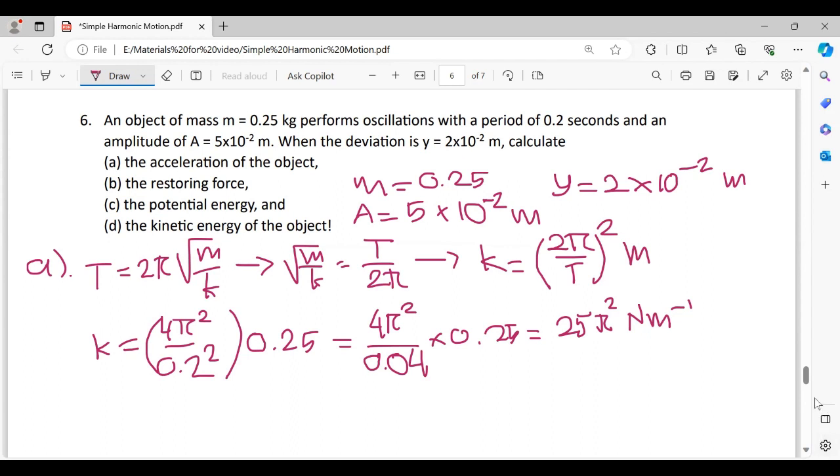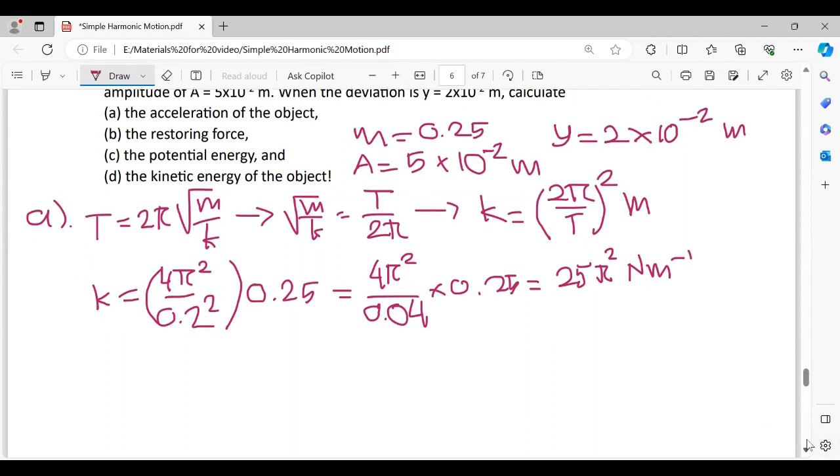And after that, for the acceleration, we are going to calculate, but we have to find omega first.